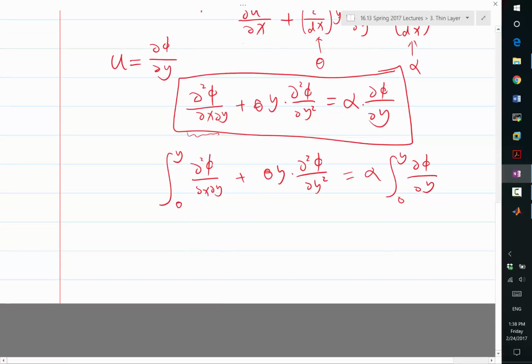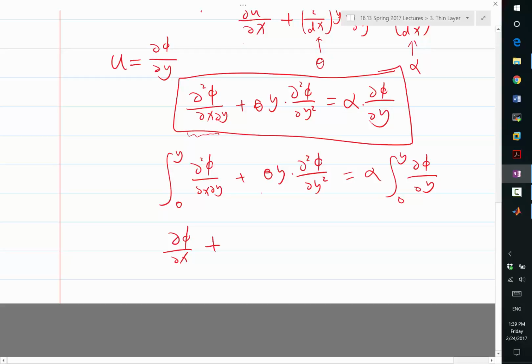Okay, the first term, because we know partial phi partial x is what at y equal to 0? I mean, it's 0, right? Because phi is going to be 0 at y equal to 0. So partial phi partial x is 0. So this term turns out to be just only one partial now, partial phi partial x at y, right?